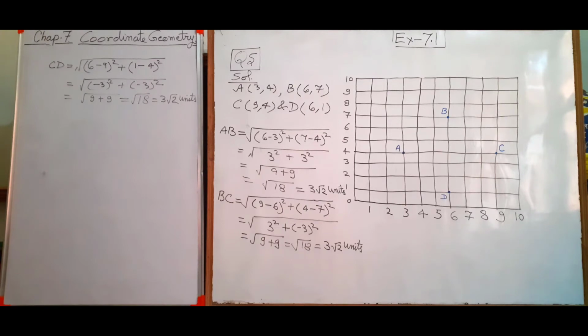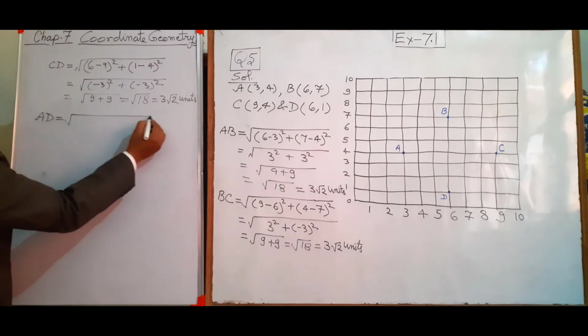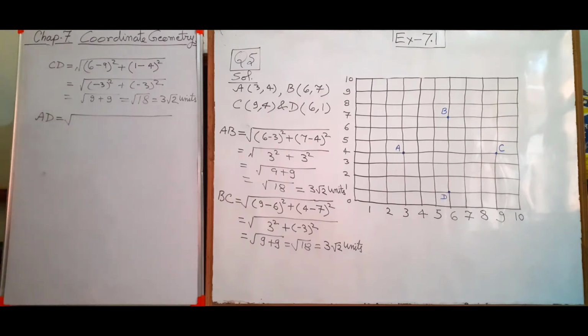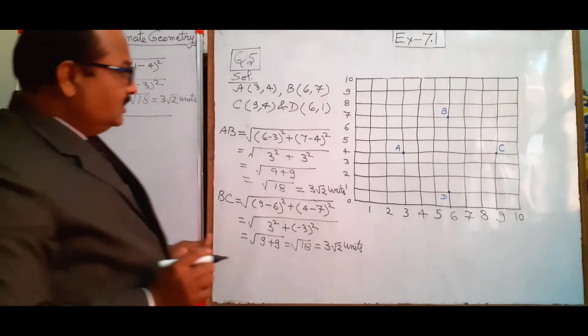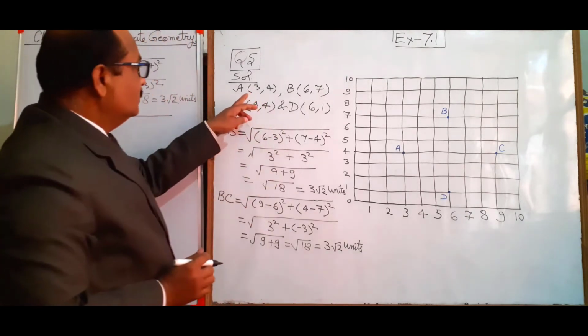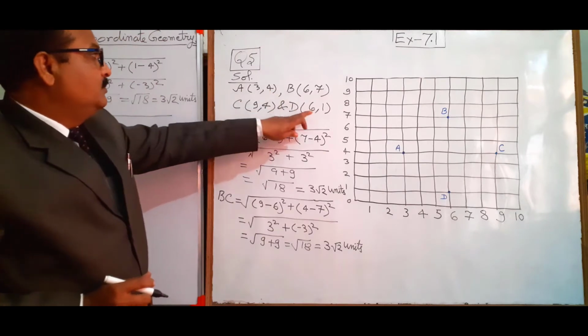Now one more side is left, AD. You can calculate the side AD. You can see A point is this, D point is this.